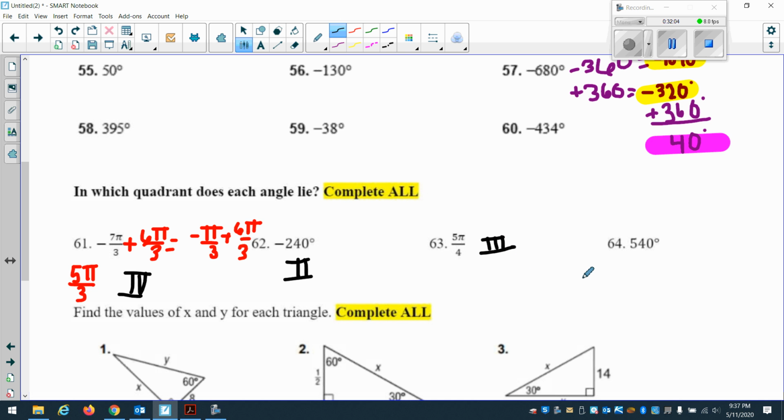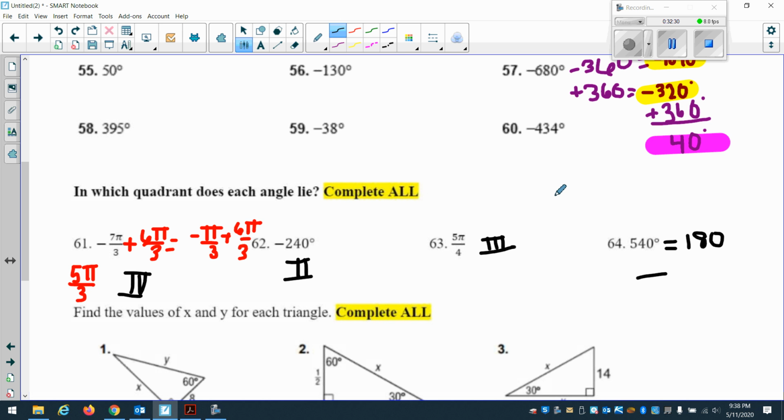Now, if you took 540, and subtract 360, you end up getting 180, which is not in a quadrant. Okay, it's the x-axis, excuse me. So there's no quadrant available for 540. Okay, I hope that helps.